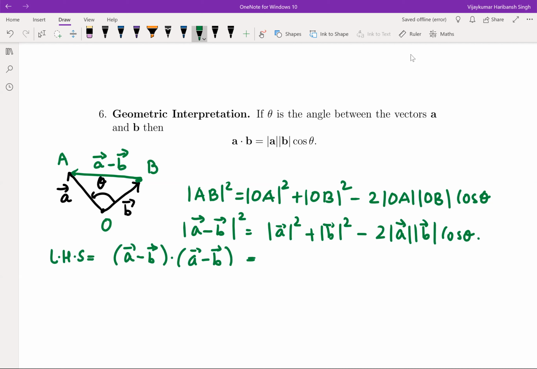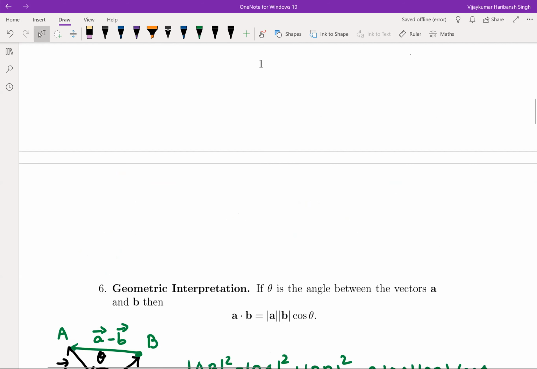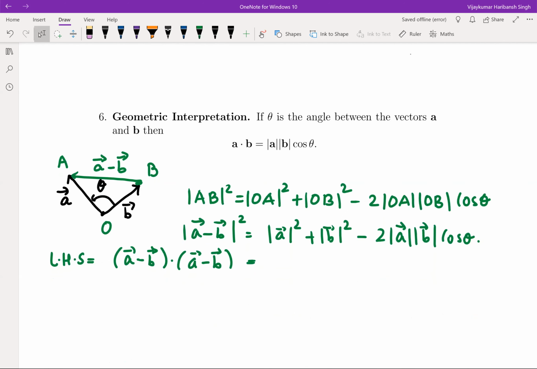Now we use the property of distribution here. So this is going to be A dot A. First I'll take this and multiply it with this and this. So we get minus A dot B. Then we have minus B dot A. Now we multiply this one with here.